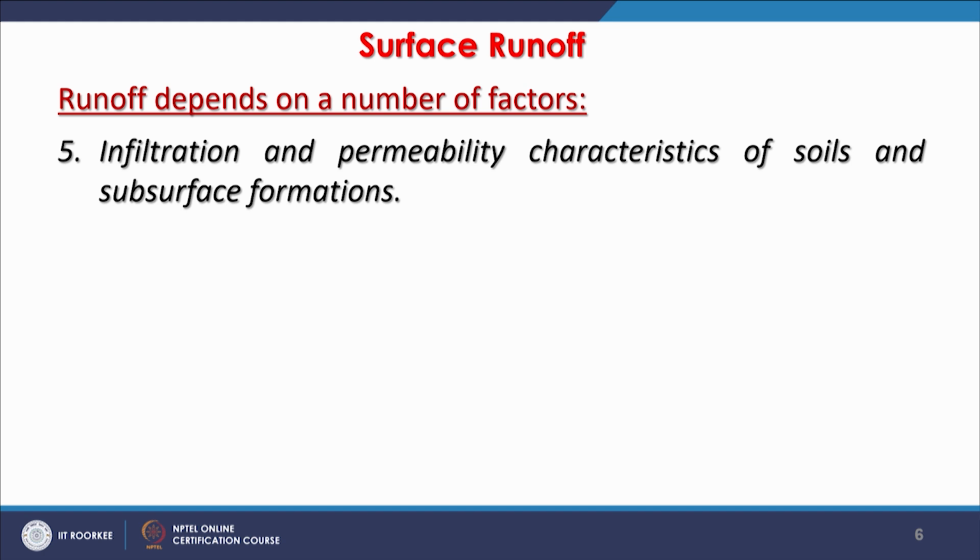Then it came to my mind why there is no culvert or bridge where the road is crossing. The reason is that infiltration and permeability are very high, and that does not allow water to flow as surface runoff, and therefore there is no development of drainage.